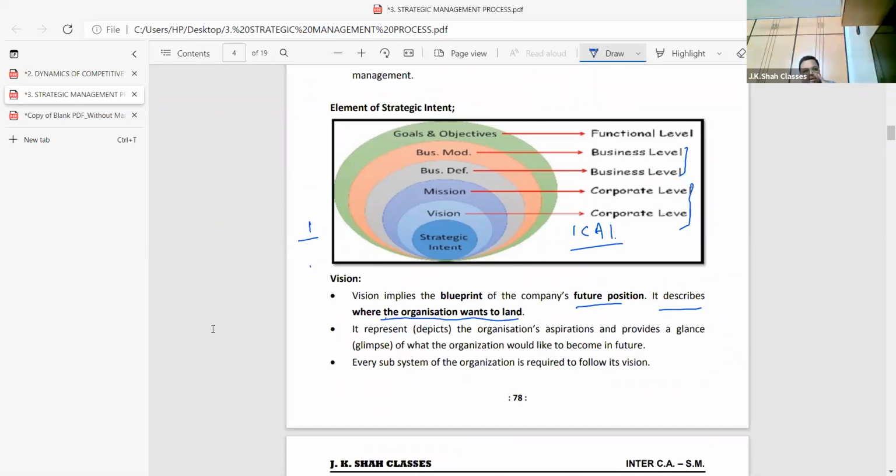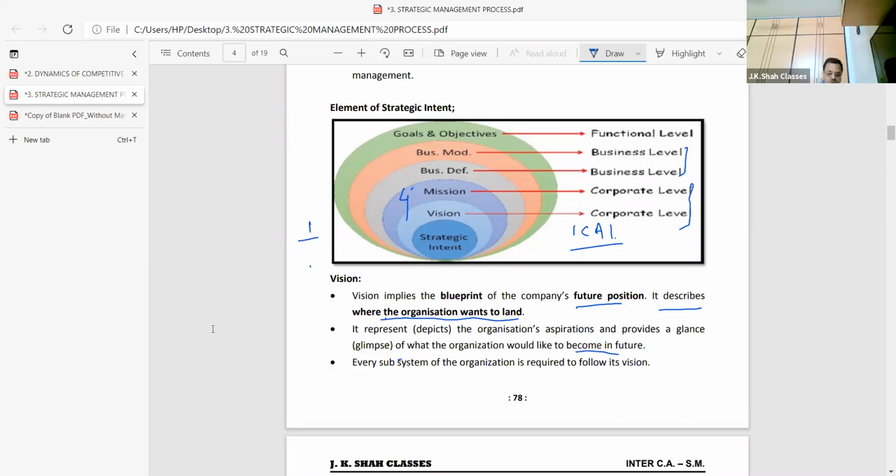That was the vision it wanted to achieve. And the question comes, what is your position today? It said we are in the 4th position. That was its mission.